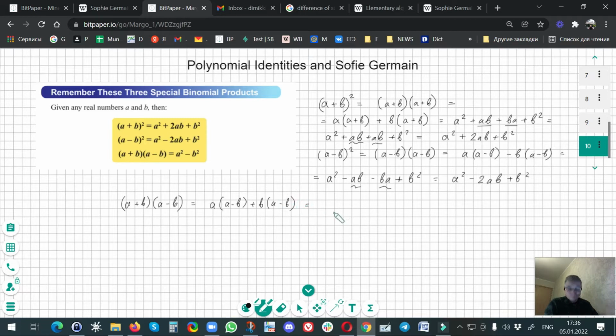So a squared minus ab plus ba minus b squared. Again, we notice the same cross terms, like terms. Minus one thing plus the same thing. We know that it cancels. And we arrive at the final result.